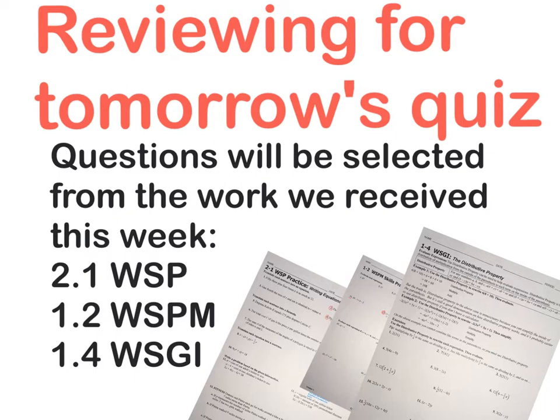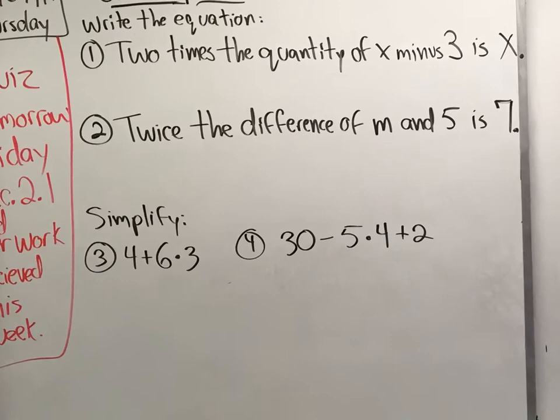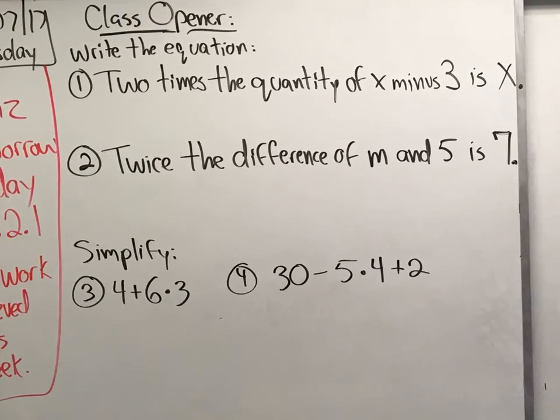Right now, I want to go over the class opener again, because that's also another way of preparing for tomorrow's quiz. So let's check that out. Here we go. So quickly, 2 times the quantity. If you're thinking, what does quantity mean? Quantity means parentheses.